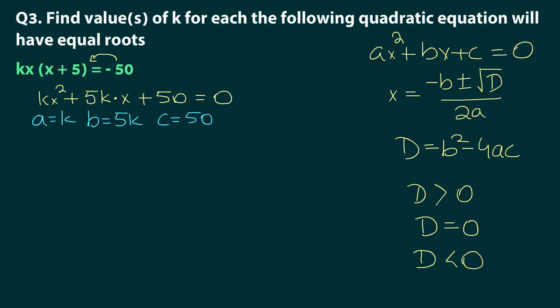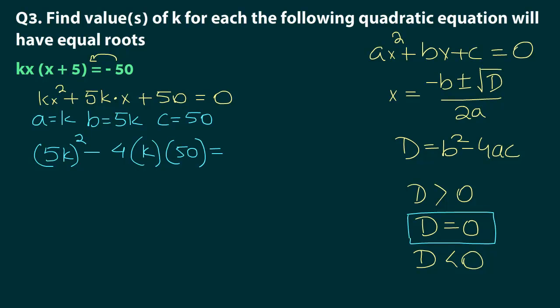Now because we know we will have equal roots, our discriminant should be equal to 0. So b squared minus 4ac should be equal to 0. So what is b squared? It will be 5k squared minus 4ac.